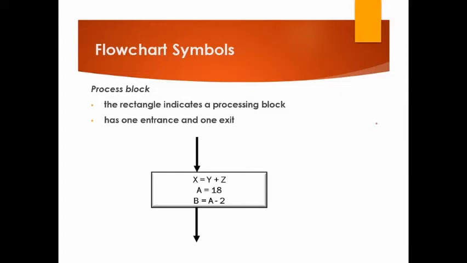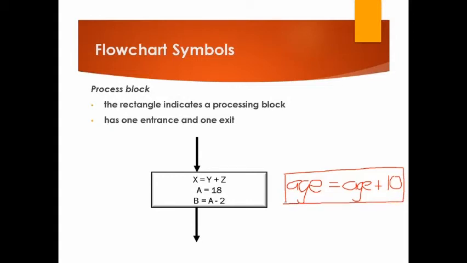For example, if there is a calculation to compute your age after 10 years, here we can just put age equals age plus 10, like that. So we can just insert that into our process block or rectangle shape.